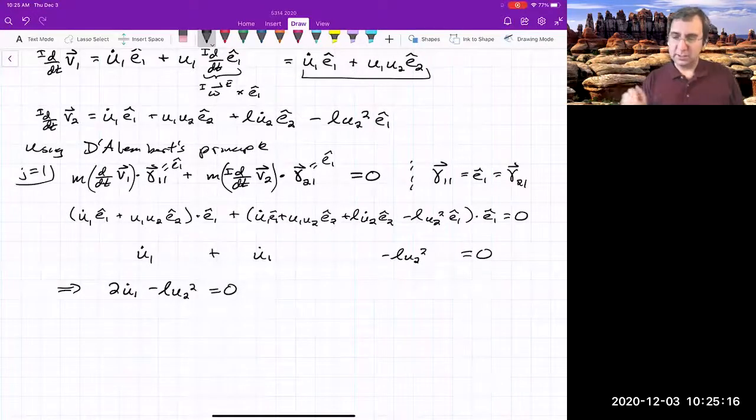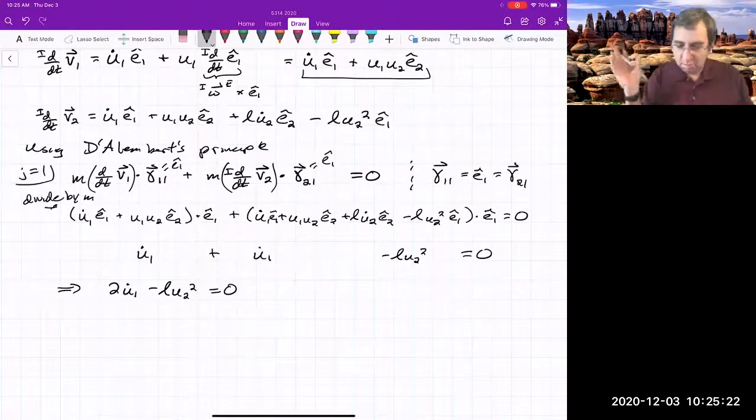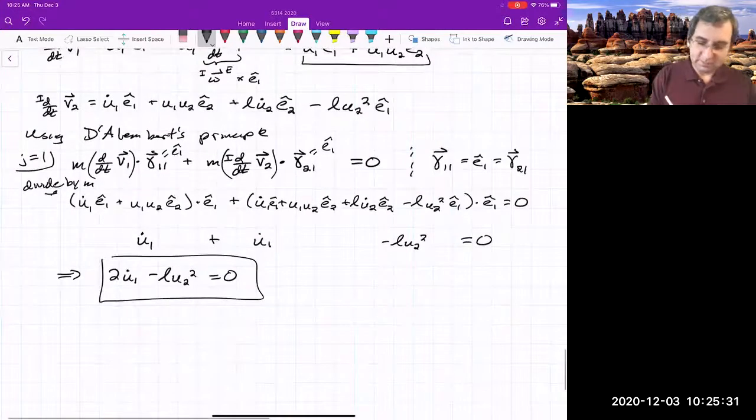What happened to the masses? Yeah, I guess I divide by M because M multiplies both. So this is our dynamical equation, at least one of them.